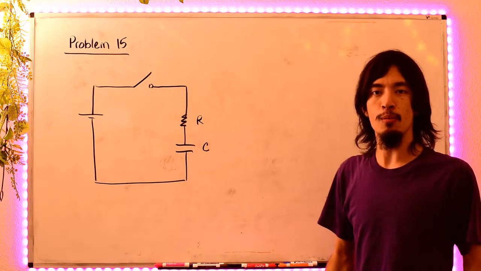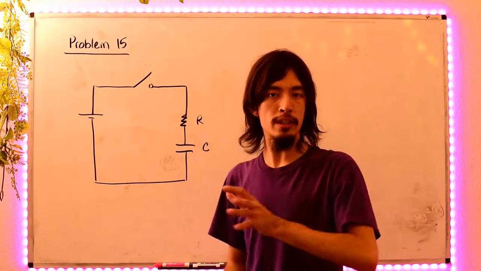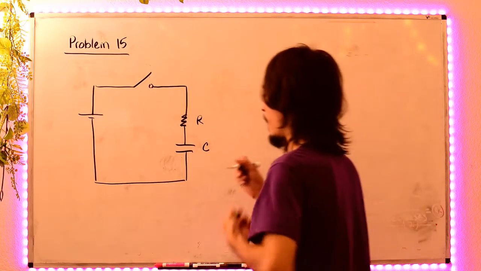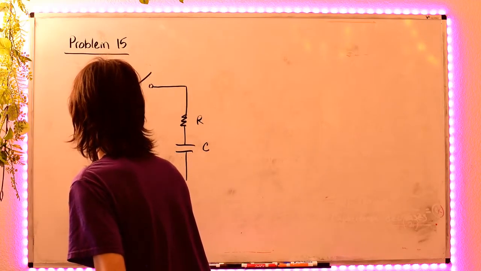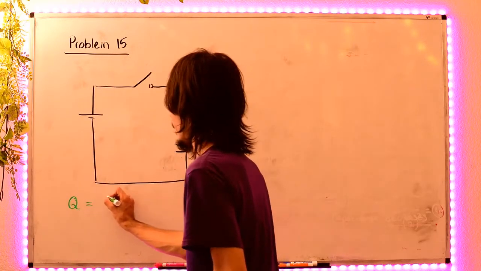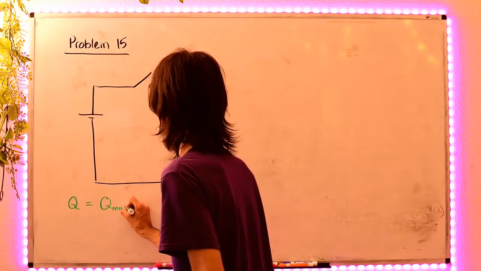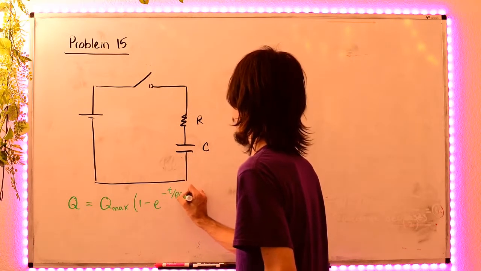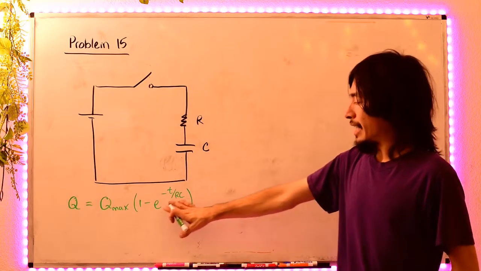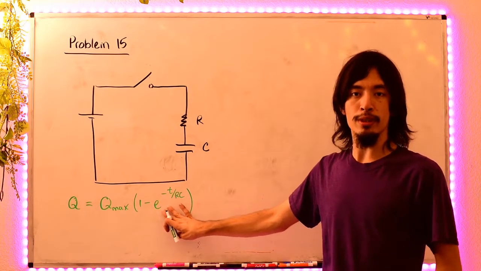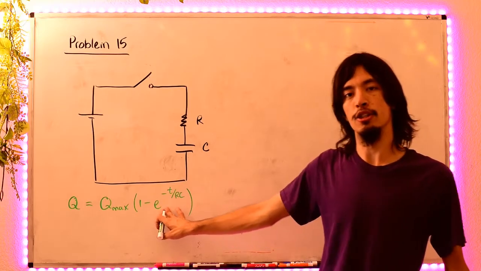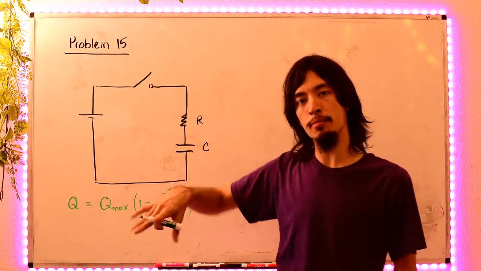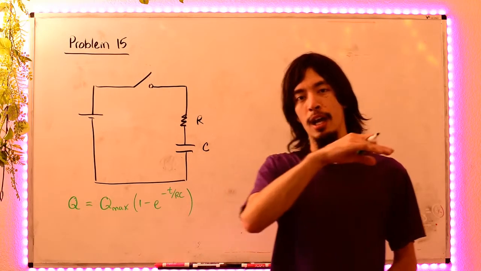The manner in which it charges, which we don't need to use to solve this problem, but I'm going to write it out as a friendly reminder, is according to the equation Q equals Q max times 1 minus e to the minus t over RC. The e to the minus whatever should be resemblant of an exponential decay function. But because it's 1 minus, it's actually flipped. So it's an exponential function, but it grows over time.